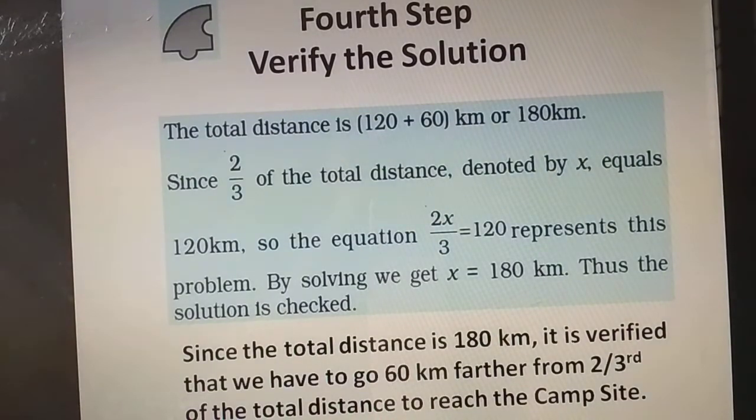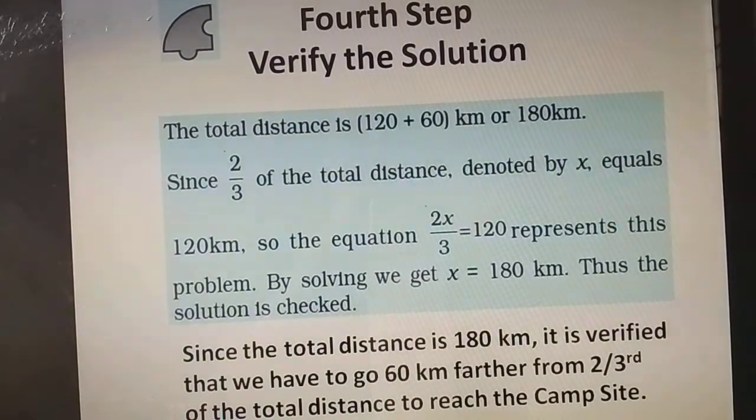Since 2/3 of the total distance x equals 120 kilometers, the equation 2/3 x = 120 represents this problem. By solving for x, we get x equal to 180 kilometers. Thus, the solution is checked.